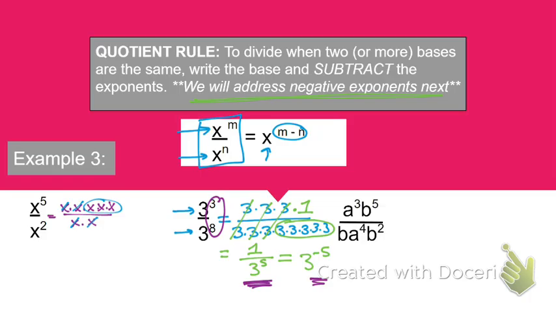And that gives us an x cubed left over here, and nothing in the denominator, which is like a factor of 1, so that's just x cubed. Or, using our new shortcut, our new quotient rule, you could have just said 5 minus 2 is 3, so x cubed.